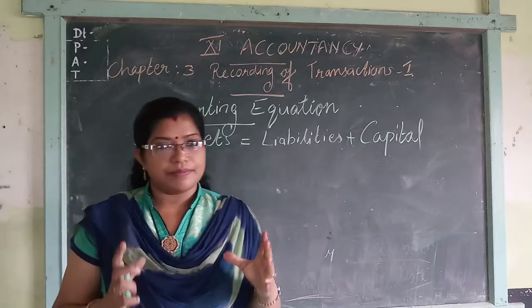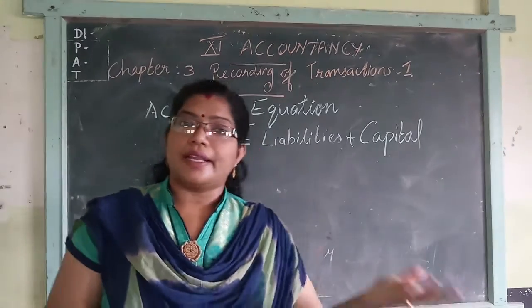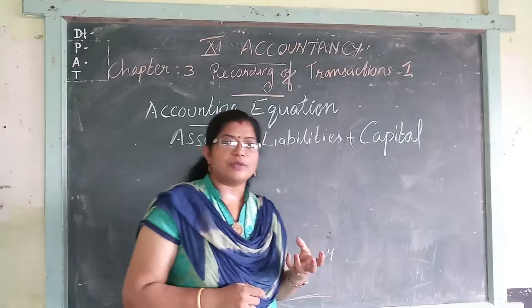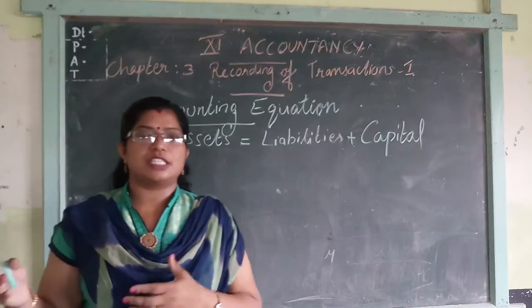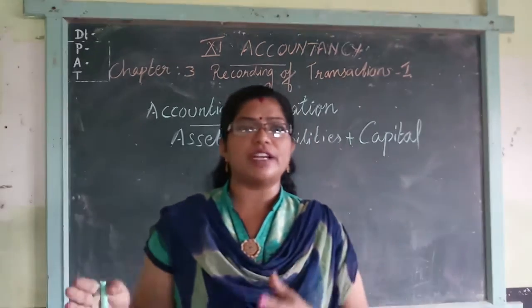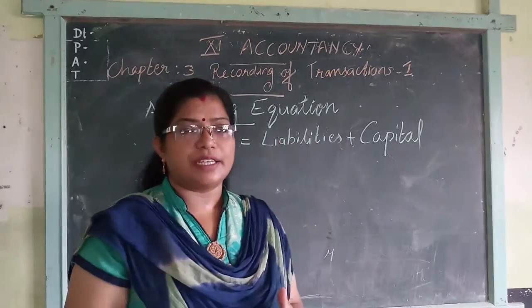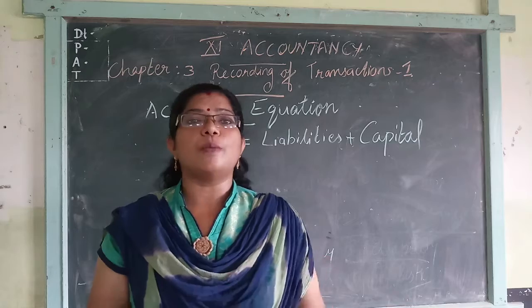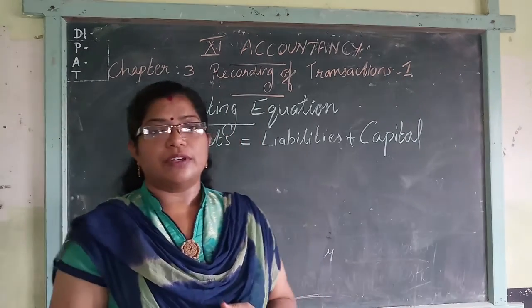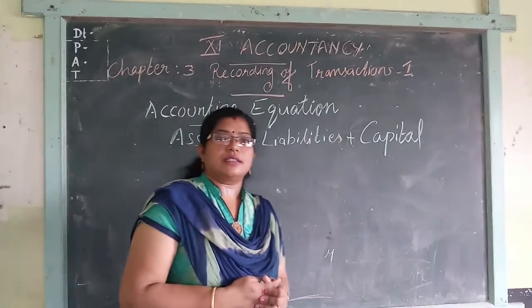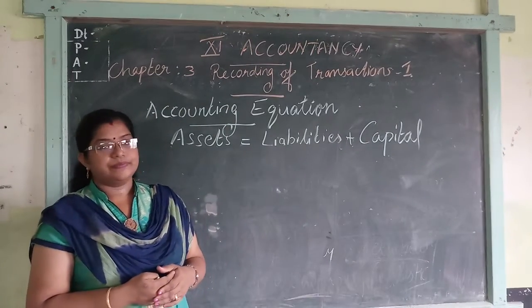So a creditor is a current liability. Next, a short-term loan. You took a loan from the bank for a short period, say 3 months or 6 months, 1 year maximum. Within 1 year you want to repay that amount. That type of liability we call current liabilities.